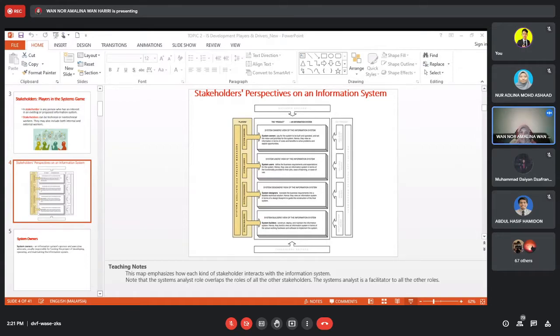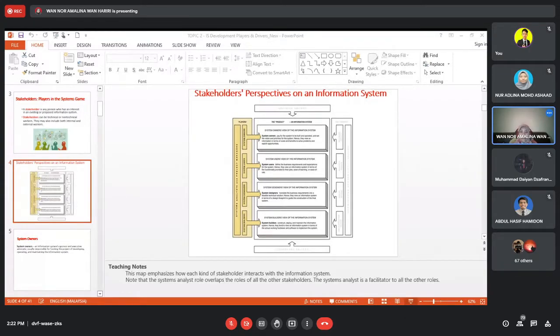They can be the system owners. They can be system users that I mentioned just now, the ones who use the system. There are system designers as well as builders. What's the difference between designers and builders? Designers translate business requirements that come from systems analysts into a feasible technical solution.